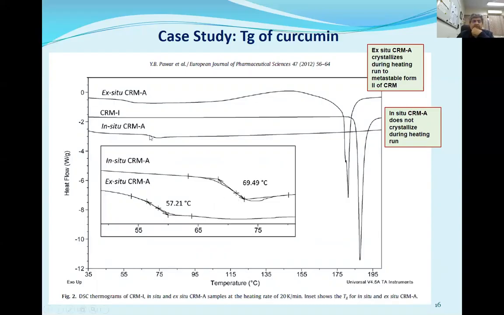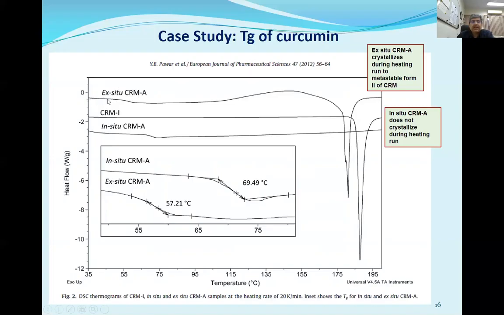Now, instead of making the amorphous curcumin in situ in the DSC, if you prepare it outside, say in a beaker by heating it on a hot plate and then cooling it in, say, liquid nitrogen, we get a sample of amorphous curcumin, which we will call XC2 amorphous curcumin.